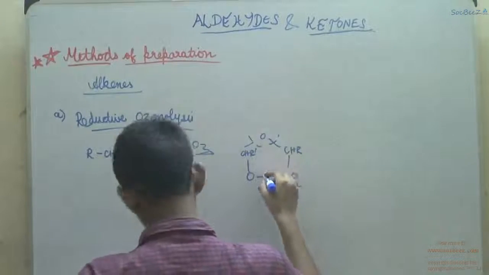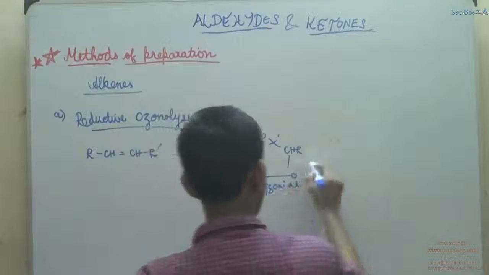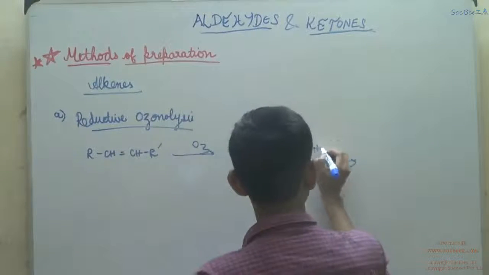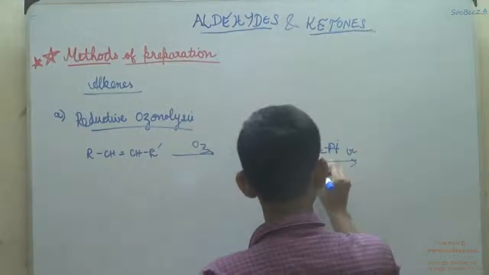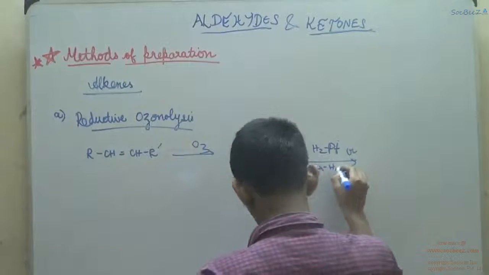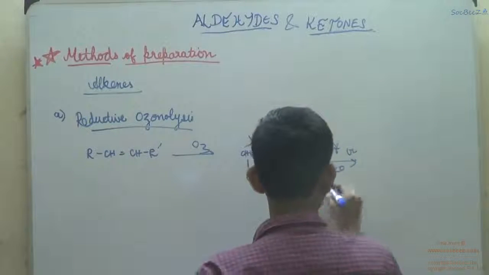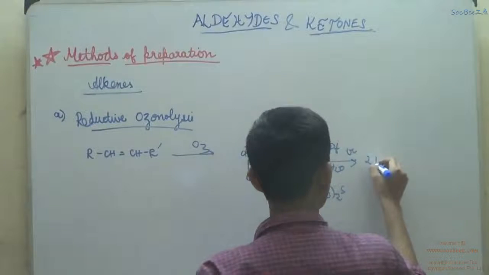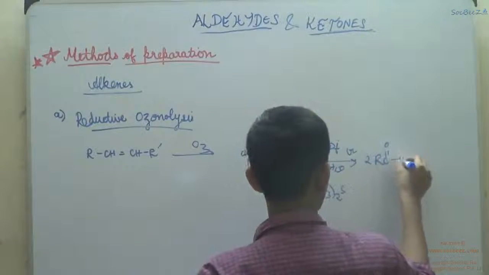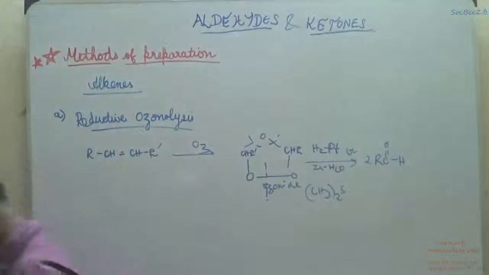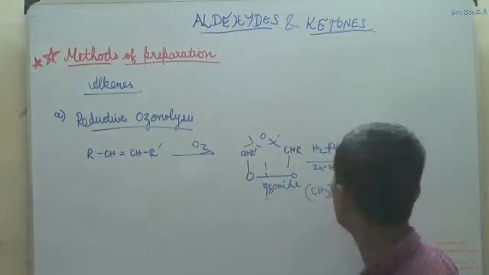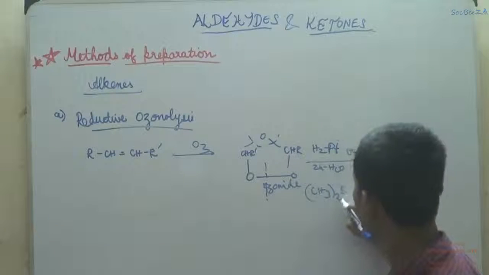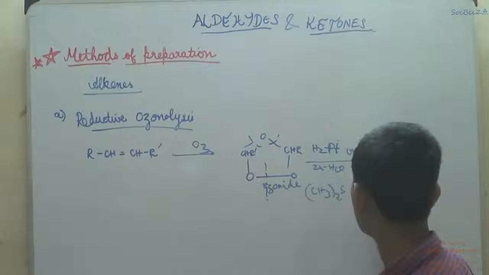Reductive ozonolysis, in the presence of H2/Pt or Zn/water or dimethyl sulfide, you get aldehydes. So this ozonide, in the presence of a reducing agent like H2/Pt or Zn in water, or dimethyl sulfide, you will get your aldehydes.